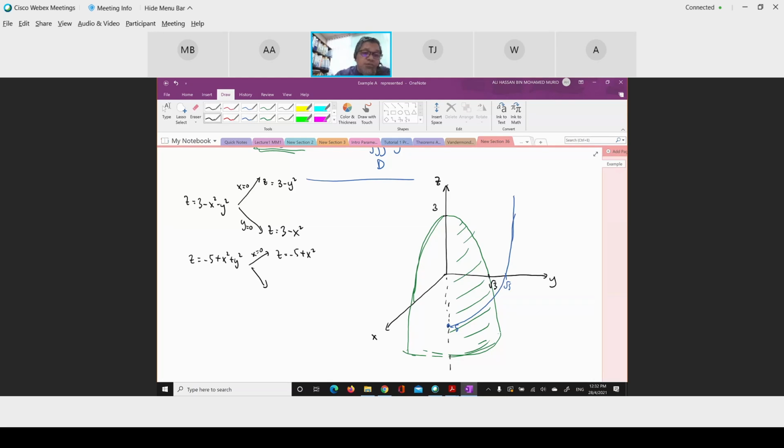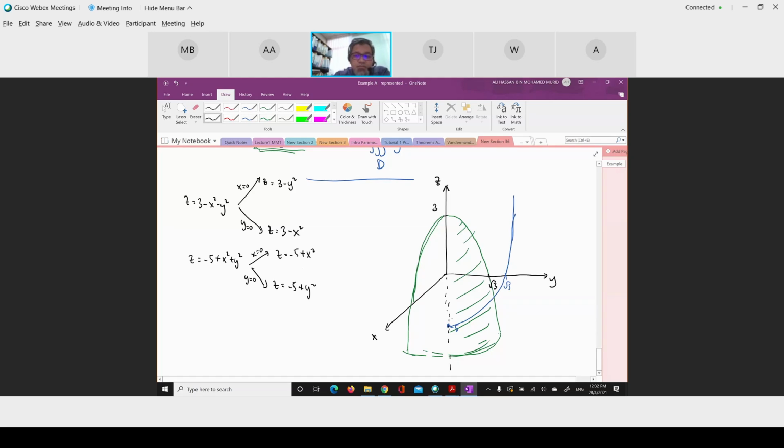When y is 0, z equals minus 5 plus y squared. No, what I've drawn is on the z... should be on the first one, z equals minus... And x is 0. Yeah, this is correct, the zy plane here.